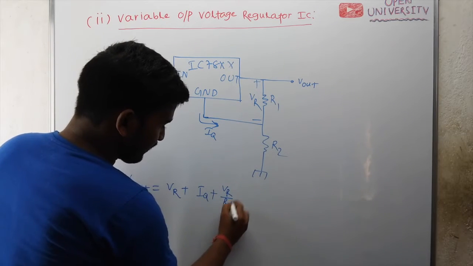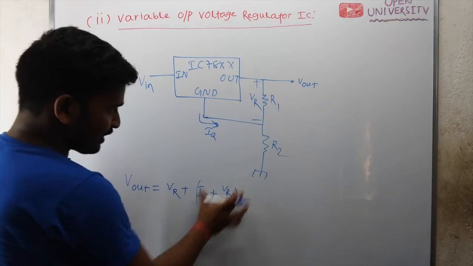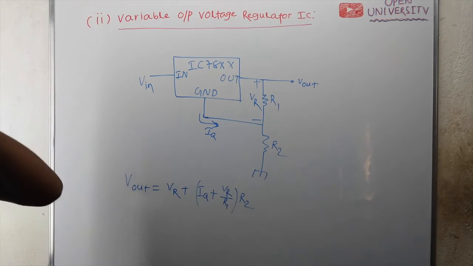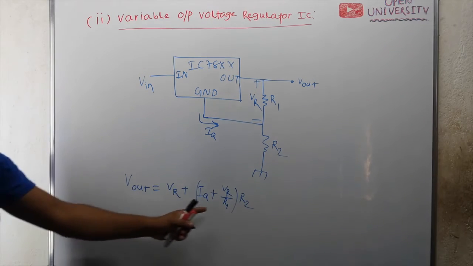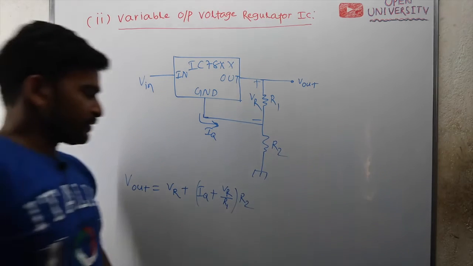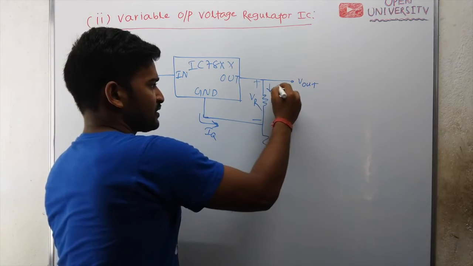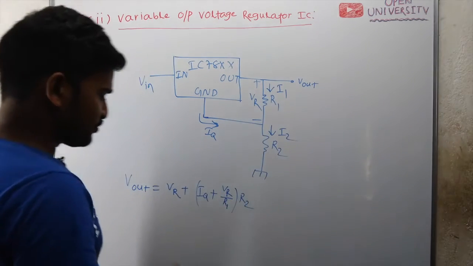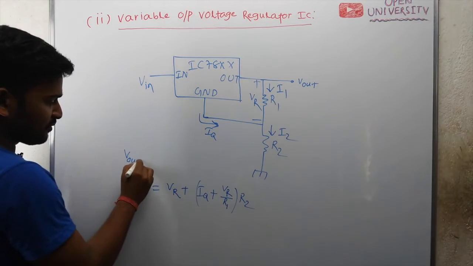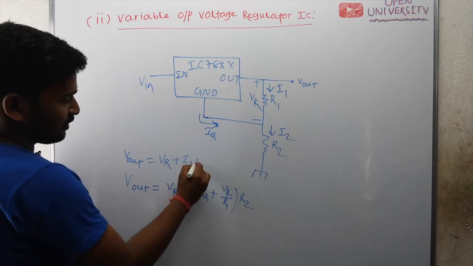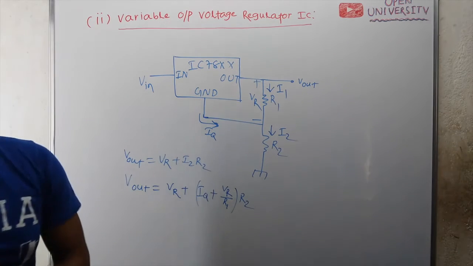So this is the total current flowing through R2, and into R2 will be the voltage across it. Or you can assume current through this branch is I1 and current through this branch is I2, and also you can write output voltage is VR plus I2 into R2. You can write this way also.